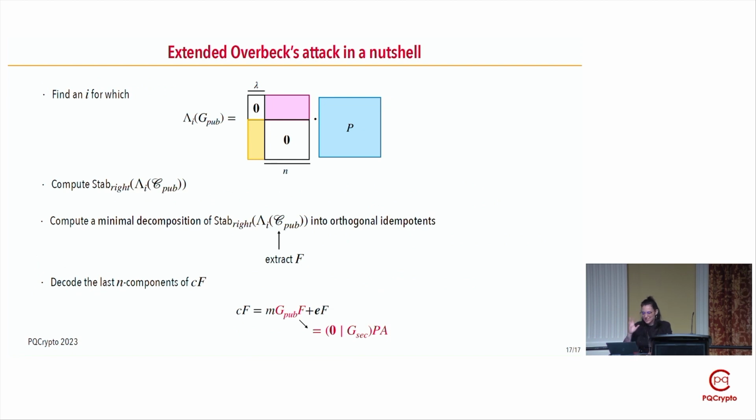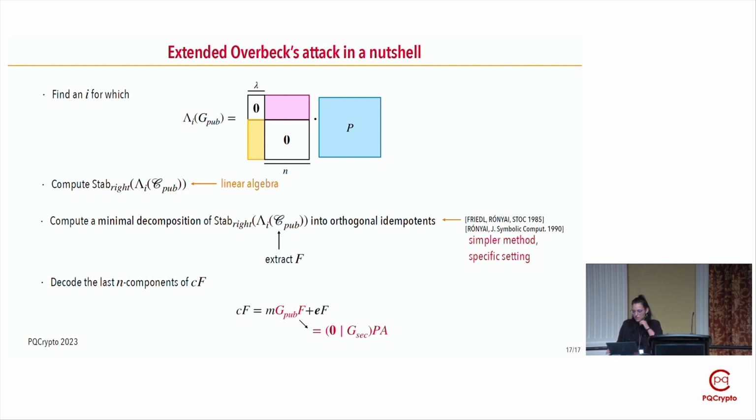So, very shortly, the idea of our attack: we first find an I for which this matrix splits. We then compute the stabilizer algebra. We compute the decomposition of the stabilizer algebra into orthogonal idempotents. We search for the special matrix F, which is related to the matrix E2. And since we know that this matrix behaves exactly as the column scrambler, we decode the last n components of C times F to retrieve the plaintext.